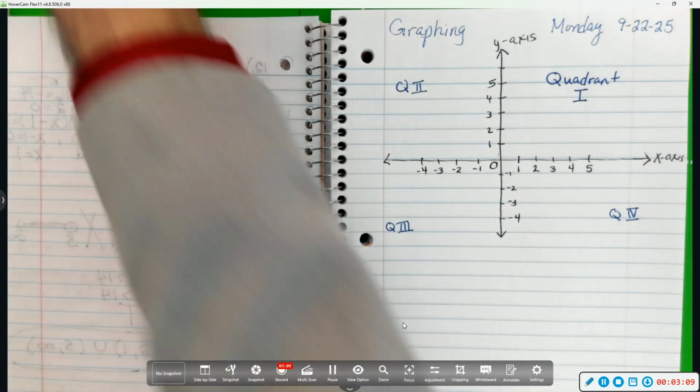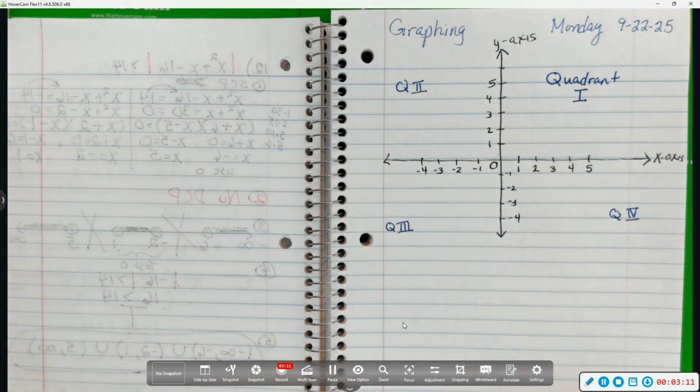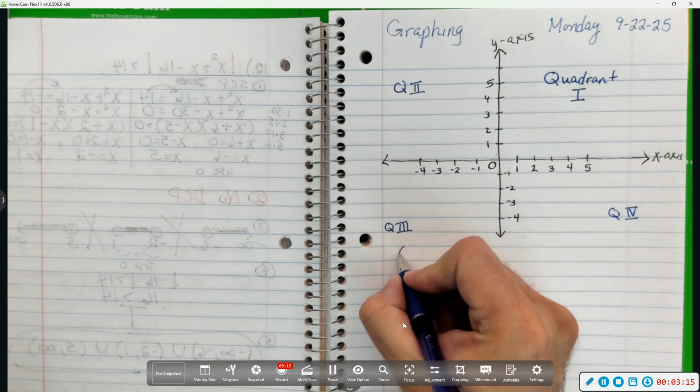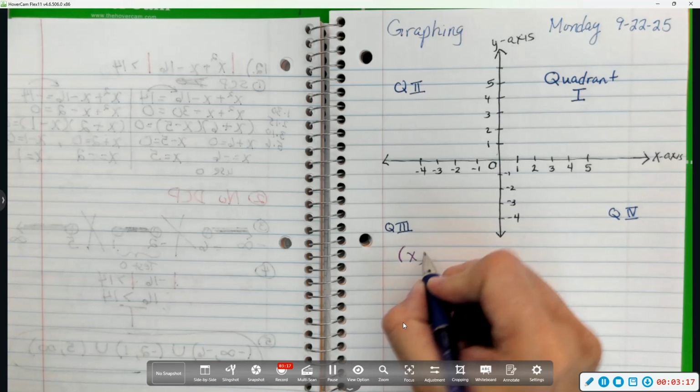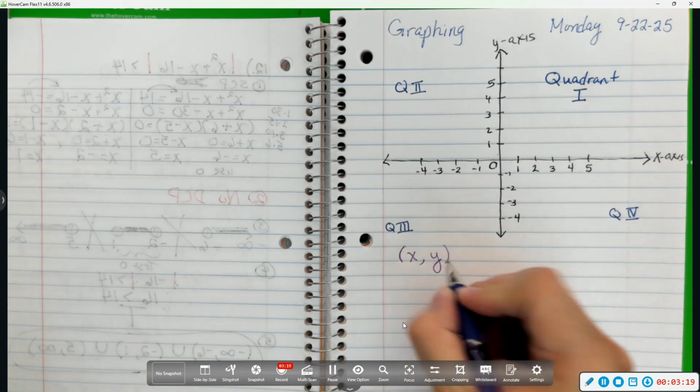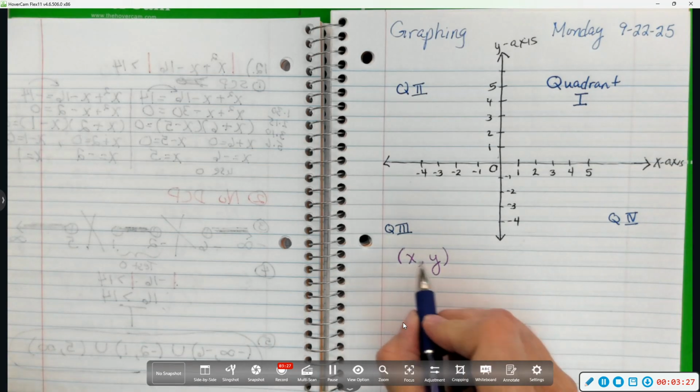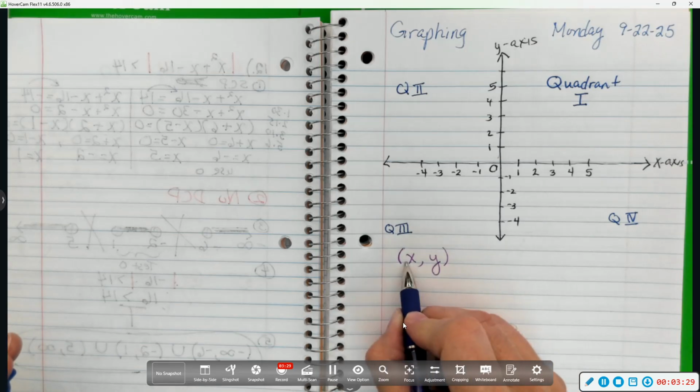We plot ordered pairs. An ordered pair is a point in the form that looks like those open intervals we were using last time with interval notation, but it's not. We plot ordered pairs in the form (x, y).